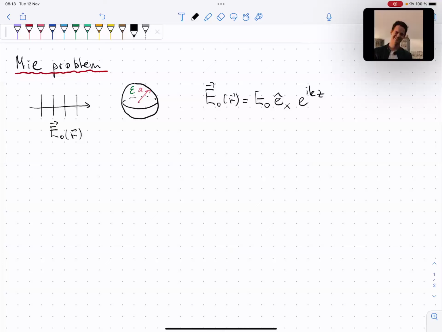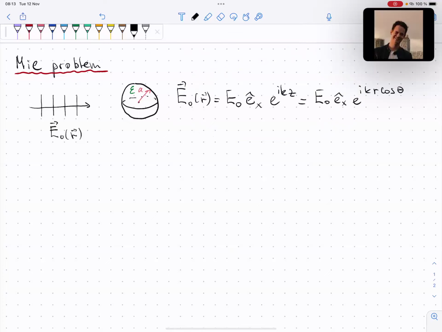We will look for a solution in spherical coordinates. So in spherical coordinates, it will be E0 x exponent i k r cosine theta, something like this. Previously we have derived the basis that will be convenient for this problem.